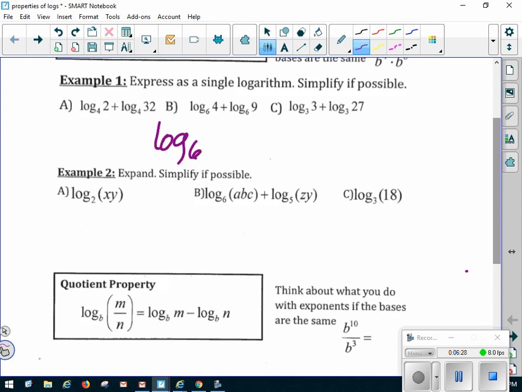But I do know that I can do this. Take your feet out of the chair. This is the same as log base 6 of what? 36. Oh, but I know what that is. That's 2. So we are just condensing. We're going back to one single logarithm, okay?